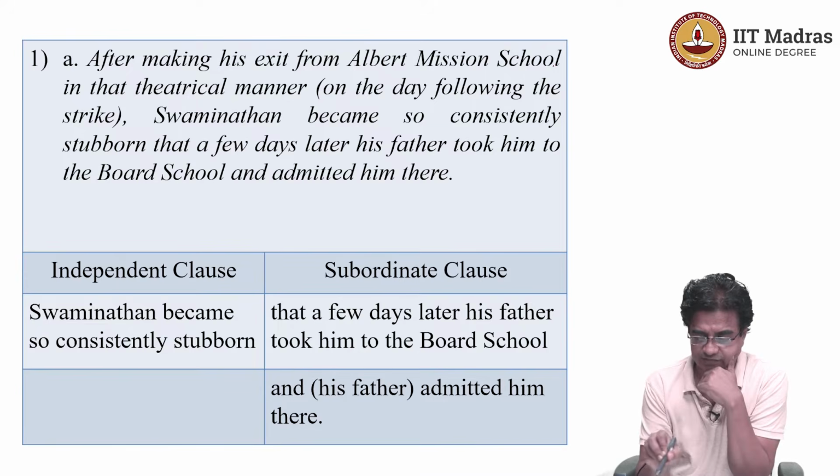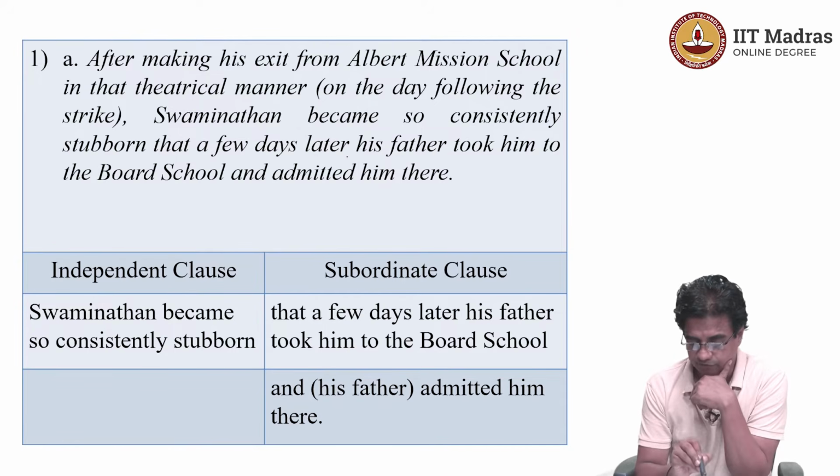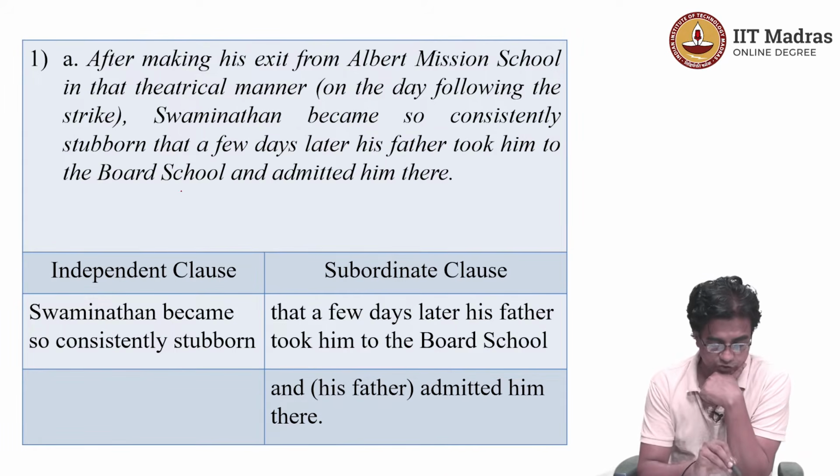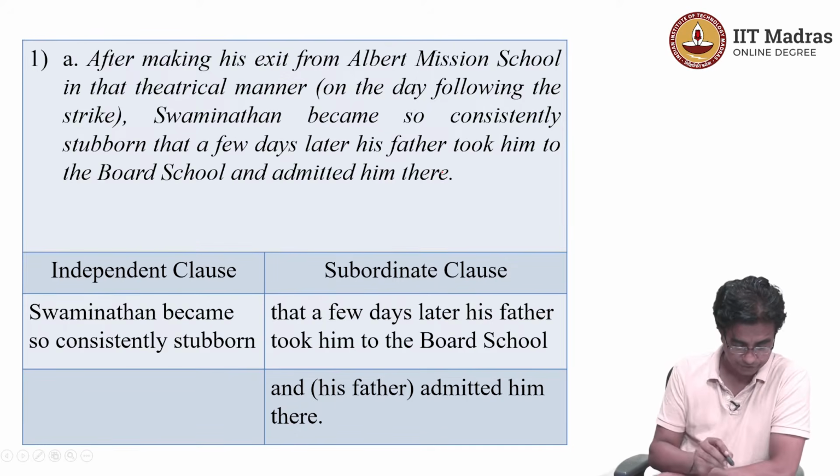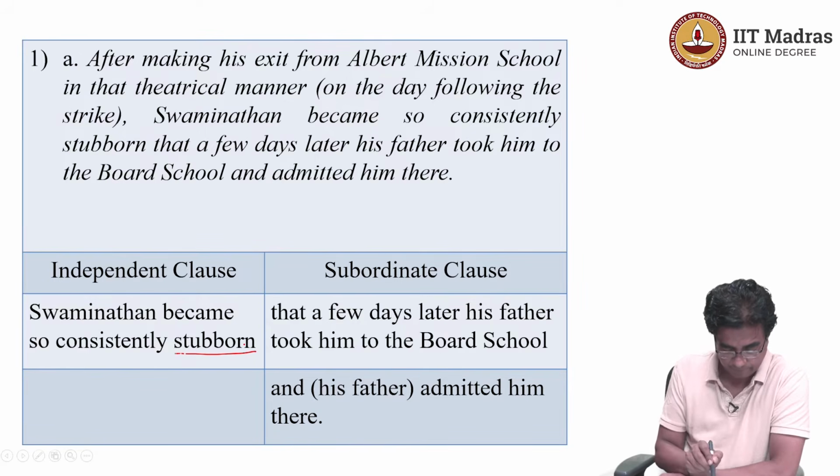After making his exit from Albert Mission School in that theatrical manner on the day following this strike, Swaminathan became so consistently stubborn that a few days later his father took him to the board school and admitted him there. So, Swaminathan became so consistently stubborn.